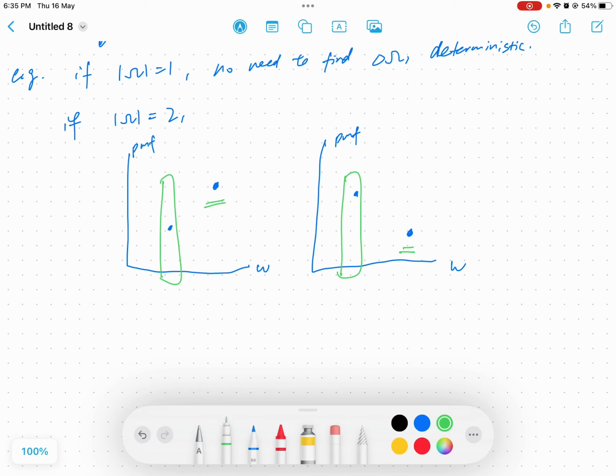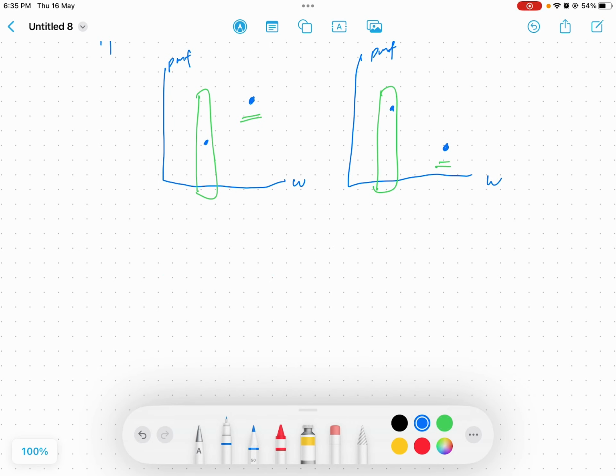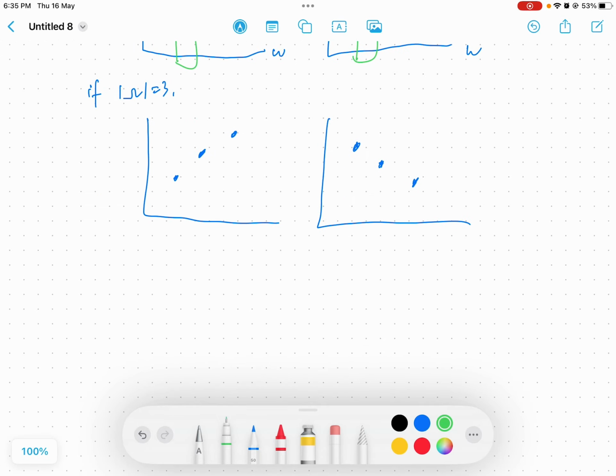But if omega has 3 elements, it might be something like this or like this, anything. And it's obvious that we need 2 real numbers to denote this distribution. Perhaps we can use those 2, and then for the third one we just use 1 minus the probability of those 2.